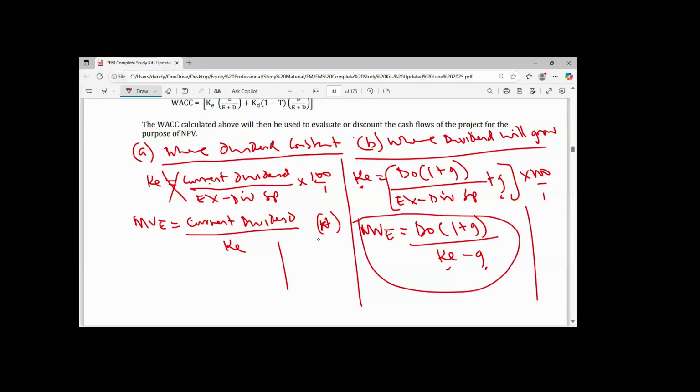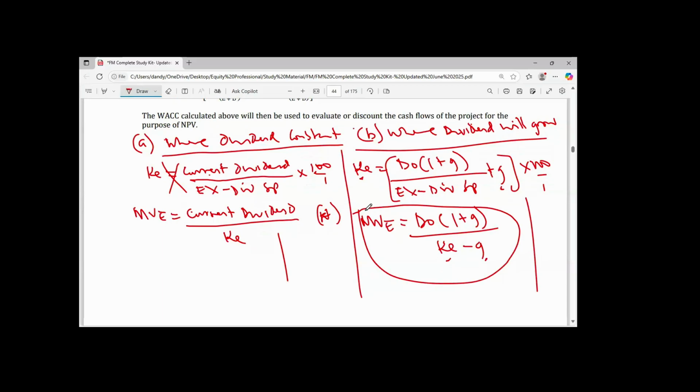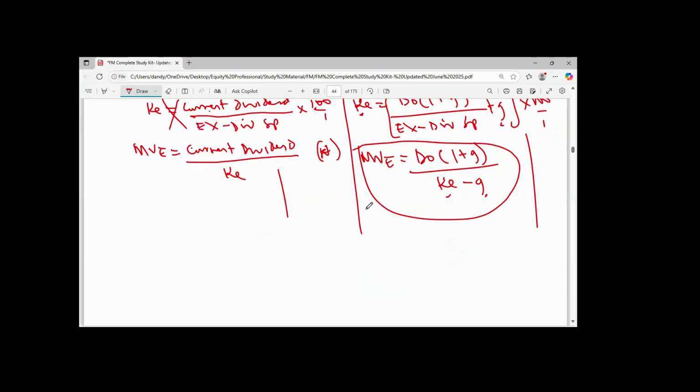Then in your exam, it's possible you may need the formula that involves growth calculation, the calculation of the growth rate. After this, we also talked about ex-div and cum-div. I said that the ex-div share price is the share price that excludes dividend, and in the calculation of cost of equity, only the ex-div share price should be used, not cum-div.